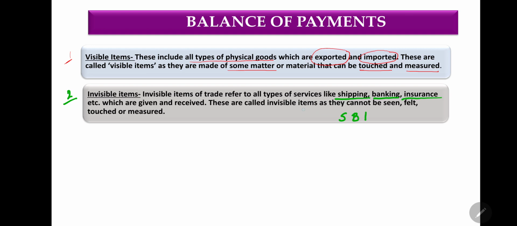These invisible items cannot be seen, they cannot be felt, touched, or measured, unlike the visible items which can be touched or measured. So remember this abbreviation, it will help you to remember that these goods include shipping, banking, and insurance. These goods cannot be seen, felt, and touched or measured, unlike visible goods.